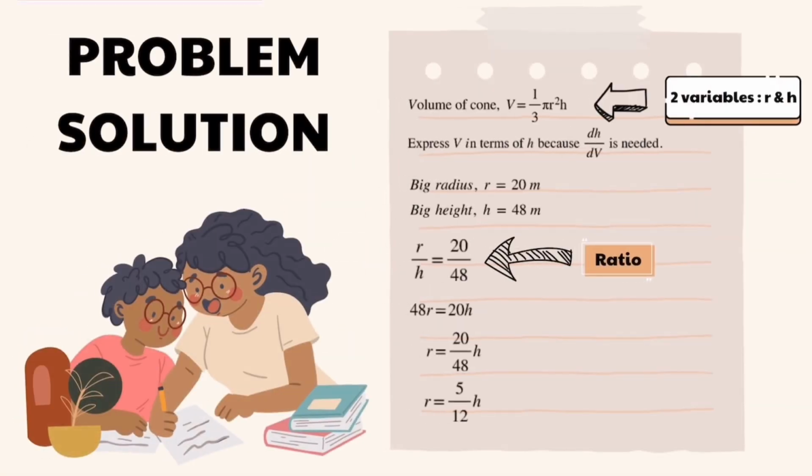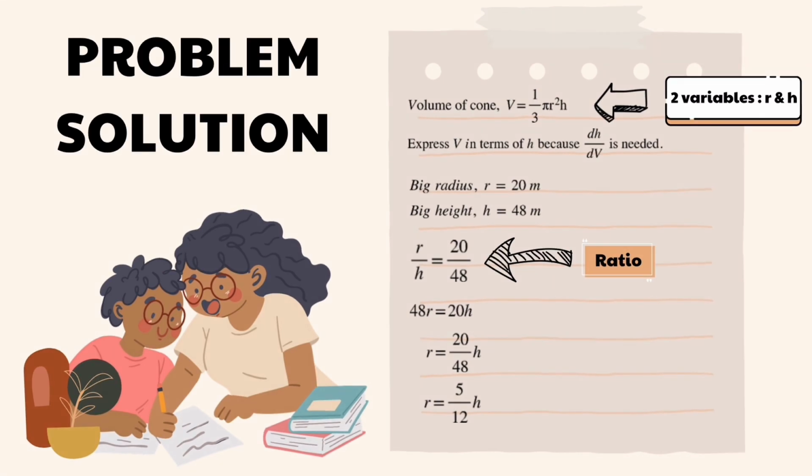We can calculate the value of dH over dt by inserting the value of radius and height of the water in the conical tank. Since we are only given the radius and the height of the conical tank, we have to build a ratio of the conical tank first. The ratio of the radius and the height can be written as r over h equals 20 over 48. We choose to express the volume in terms of h because dH over dV is needed.